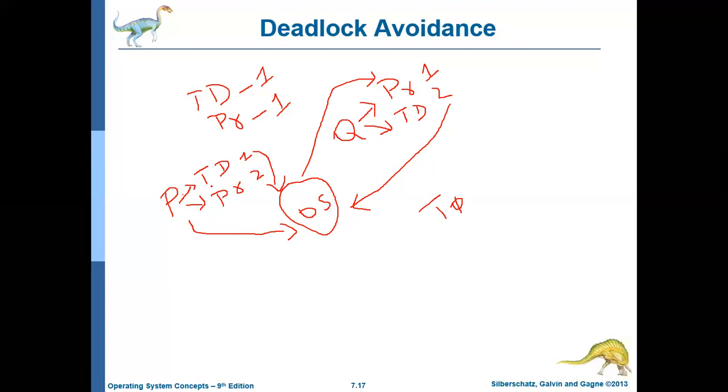Even though process P is requesting the tape drive at time t1, and the tape drive is free, the operating system will not give the tape drive to process P, because the operating system knows that after some time Q will need it, and if it gives it to P, then obviously it will result in a deadlock, because it will be locked with P, and later P will need the printer and Q will need the tape drive.